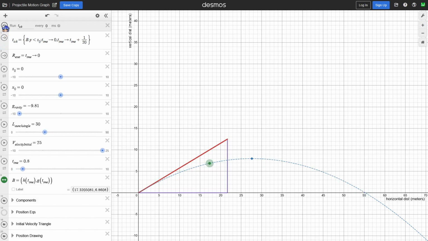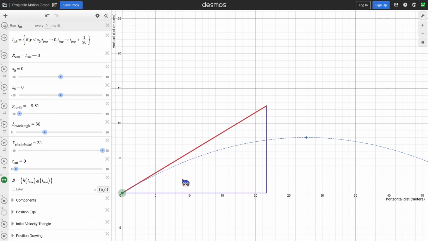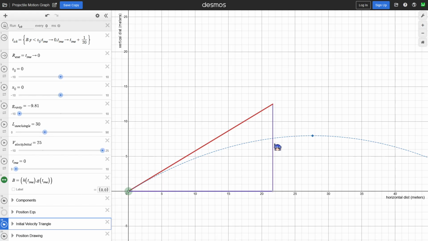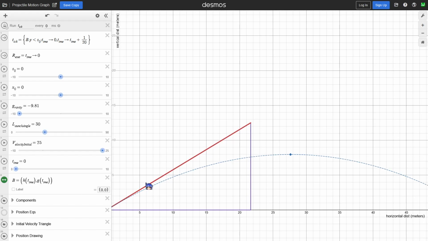If I were to stop it running for just a second and reset it, this ball is about to be thrown, or rather, it has barely even left my hand. It basically still has all of its initial velocity and launch angle. This is the x and y component of its initial velocity. This is the direction it would go along this straight line if there was no gravity, and this was the way it was thrown.